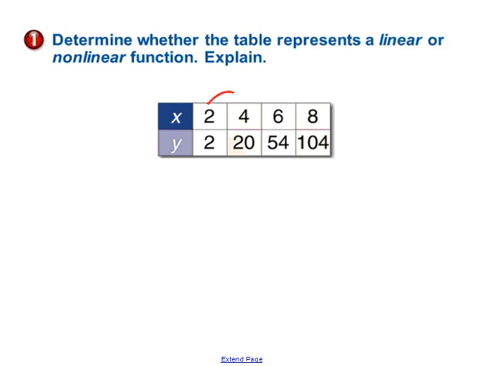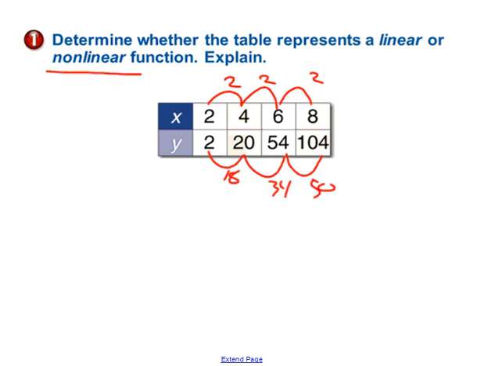The changes in x are a change of 2, change of 2, change of 2, so the change in the x values is constant at 2. The change in y is 18, then 34, then 50. So this is a nonlinear function because the rate of change would be 18 over 2 for the first one, and 34 over 2 for the second.